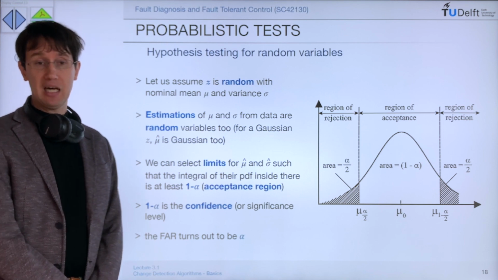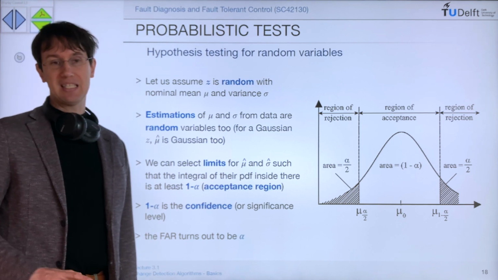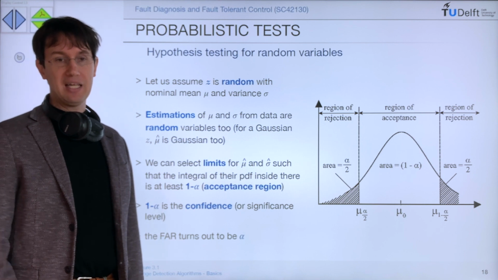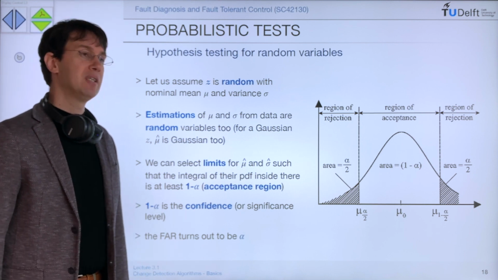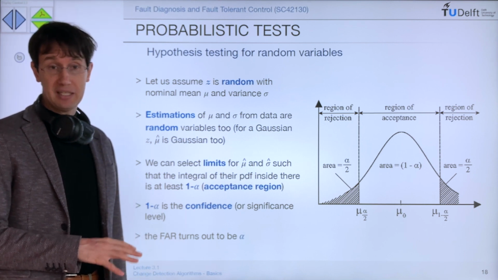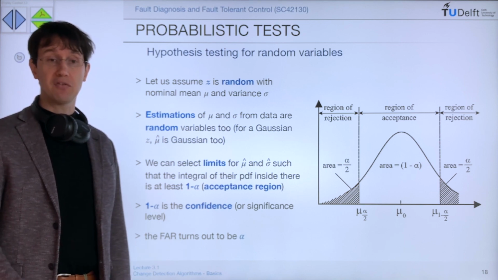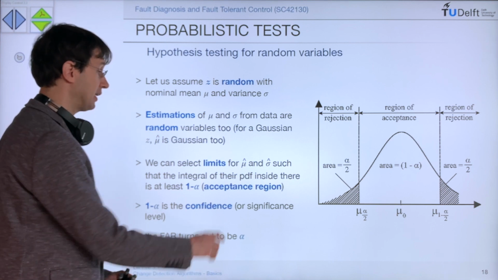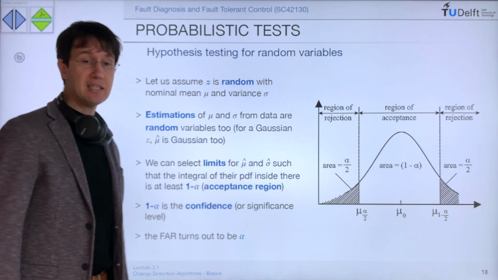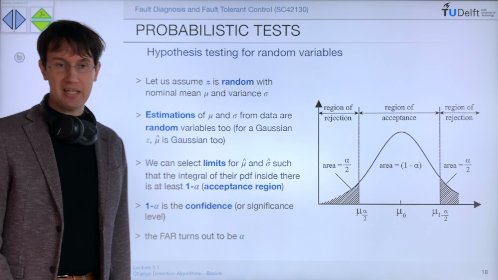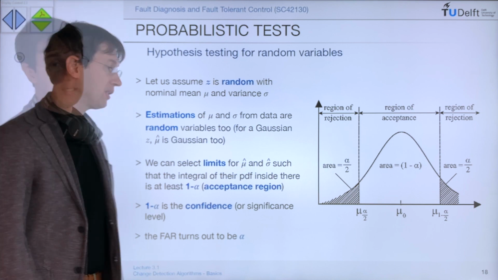But the difference now is that you check a statistical description of your variable against the nominal one. So in this simple case, we can check the mean and the variance that we get from a set of data, so the empirical mean mu hat and sigma hat, against the nominal value of the mean mu or the variance sigma.